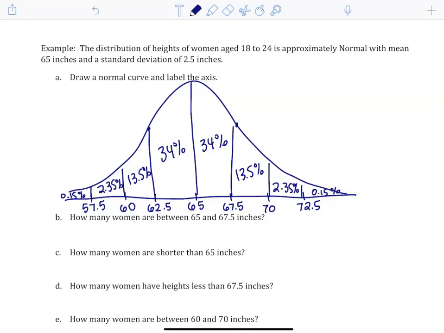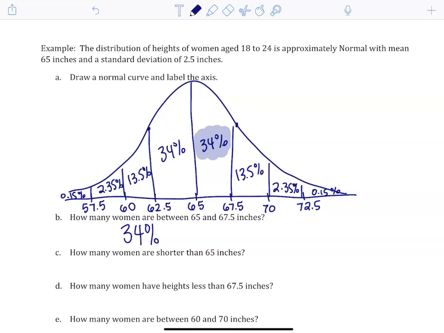So now if we wanted to answer the question, how many women are between 65 and 67.5 inches, that's this region right here, and so we know that is 34%. Now we don't know the total number of women here, so we don't know it's 34% of what, but we do know that it's going to be 34% of the total.